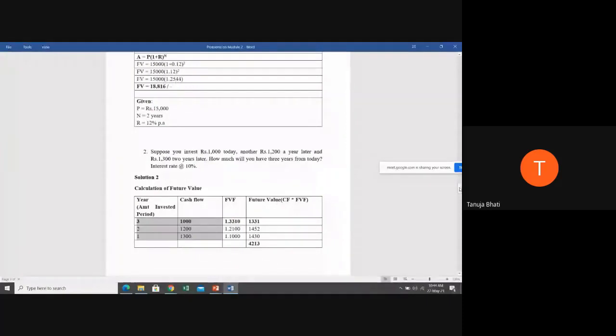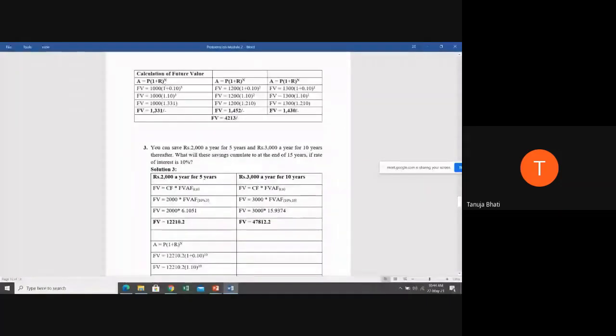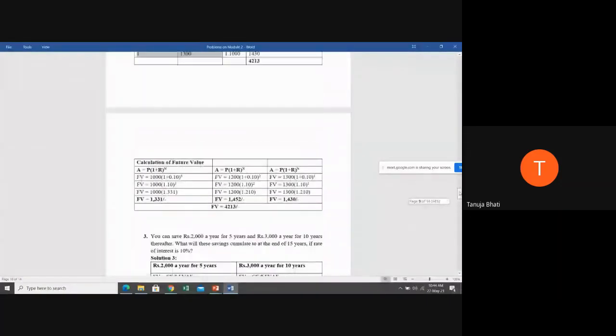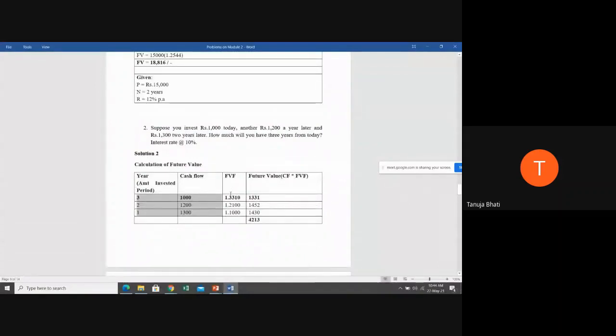Each time you have to do 10 times calculation. Rather than that, you just quickly write the cash flows here, the amount invested, then from the table get the future value factor, multiply these two, take the total, and you will get the future value at the end of 3 years. So is problem number 2 clear, students?